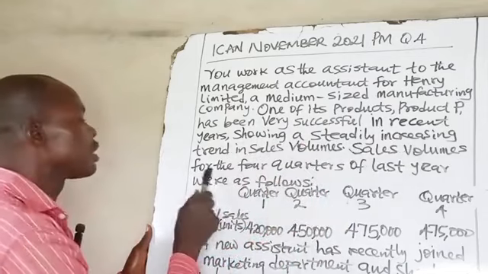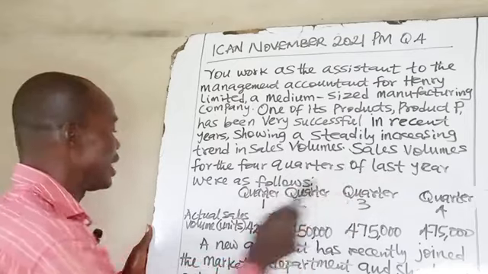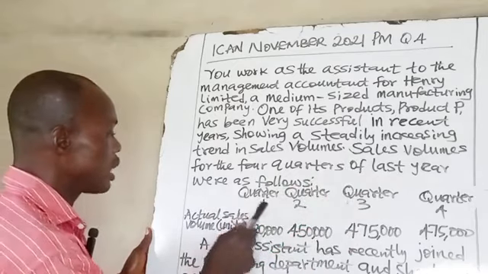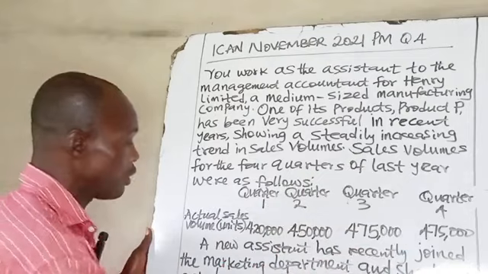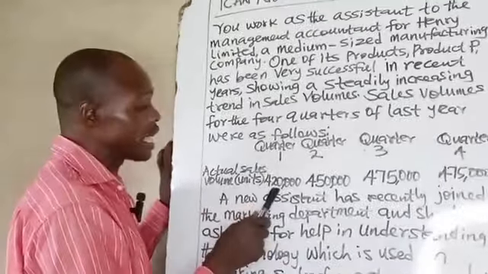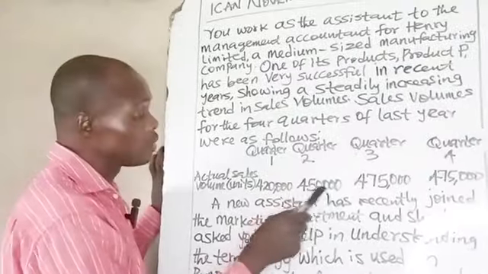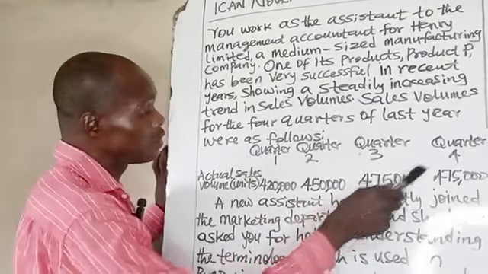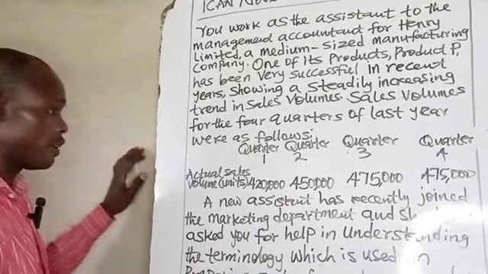Sales volumes for the 4 quarters of last year were as follows: quarter 1, quarter 2, quarter 3, and quarter 4. Actual sales volume in units: 420,000, 450,000, 475,000, 475,000 for quarter 4.